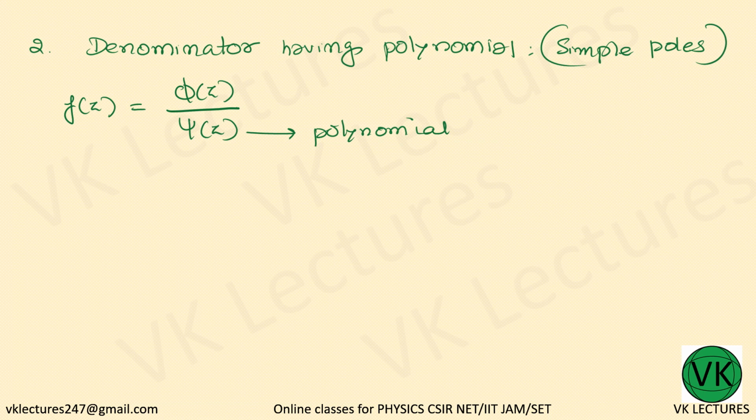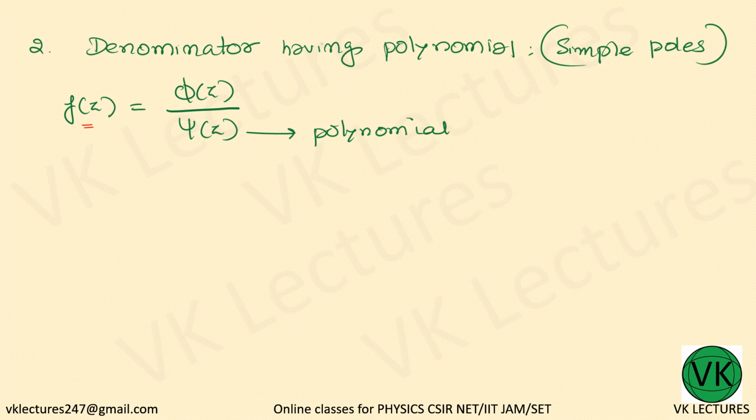Now let us look into another kind of function, where the function f of z is given in terms of phi of z by psi of z, where psi of z is a polynomial.